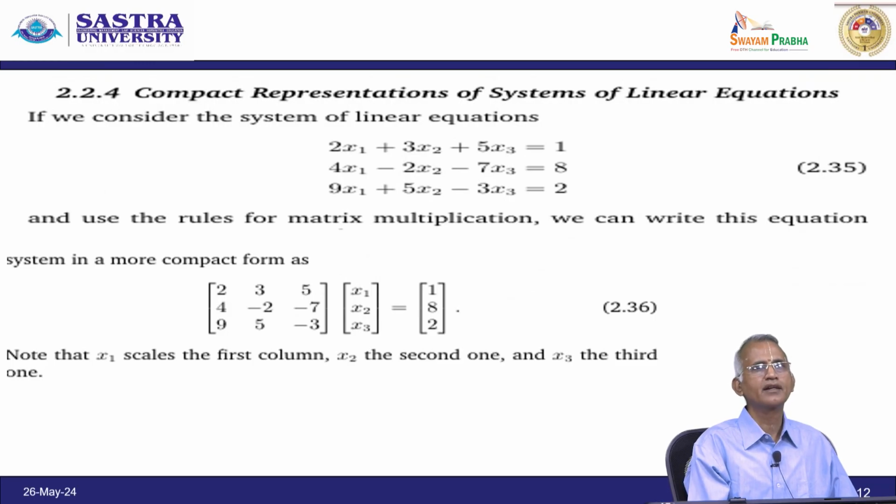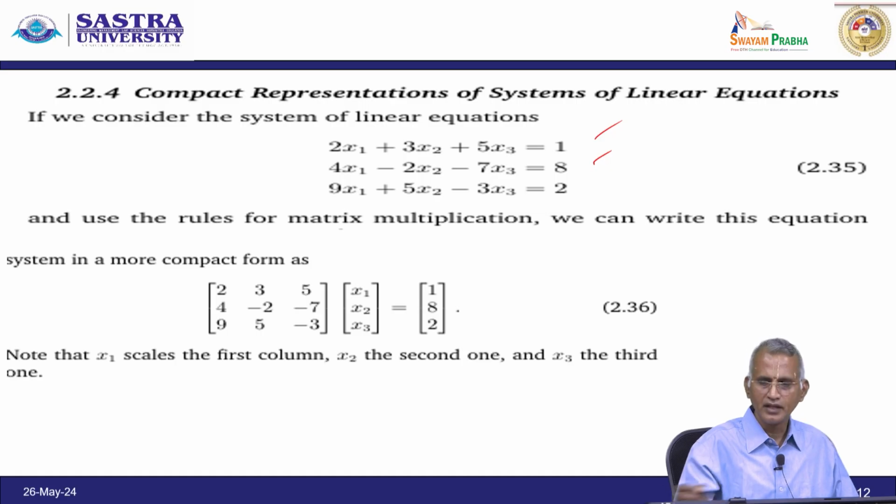Next, compact representation of a system of linear equations. If we consider the system of linear equations 2x1 plus 3x2 plus 5x3 equal to 1, 4x1 minus 2x2 minus 7x3 equal to 8, 9x1 plus 5x2 minus 3x3 equal to 2, and use the rules for matrix multiplication, we can write the equation in a more compact way.